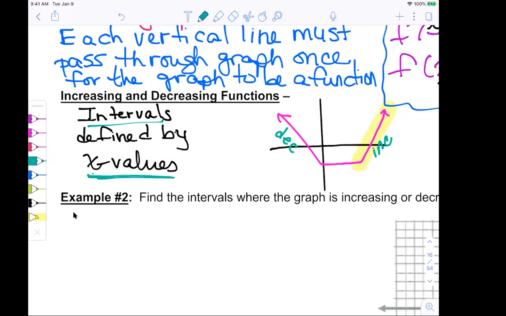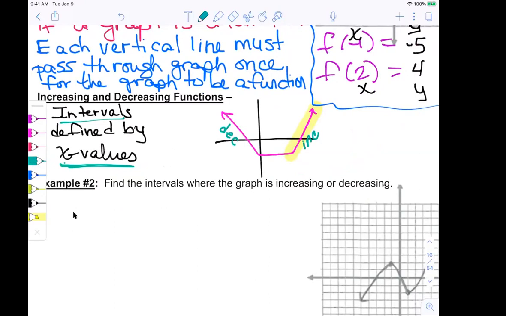So when you think of increasing versus decreasing, it must be from left to right. So we have to increase from left to right. We have to decrease from left to right. And I'm going to describe that portion horizontally. What's the horizontal distance defined by x?